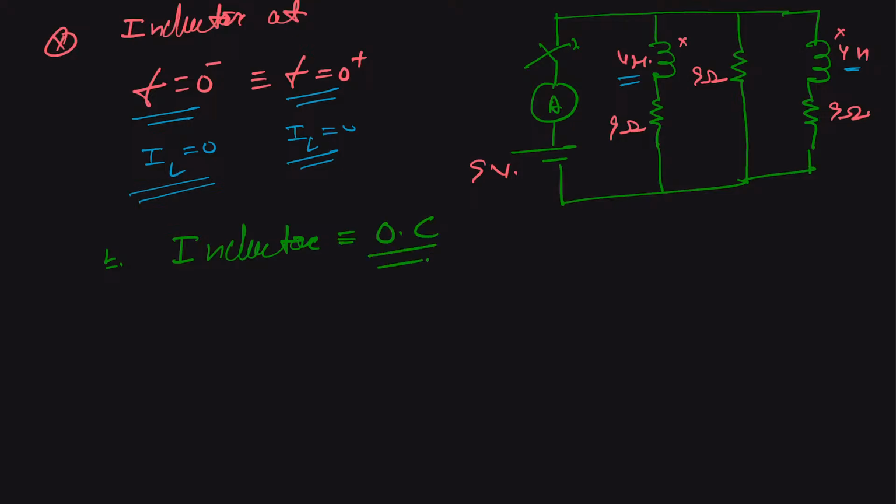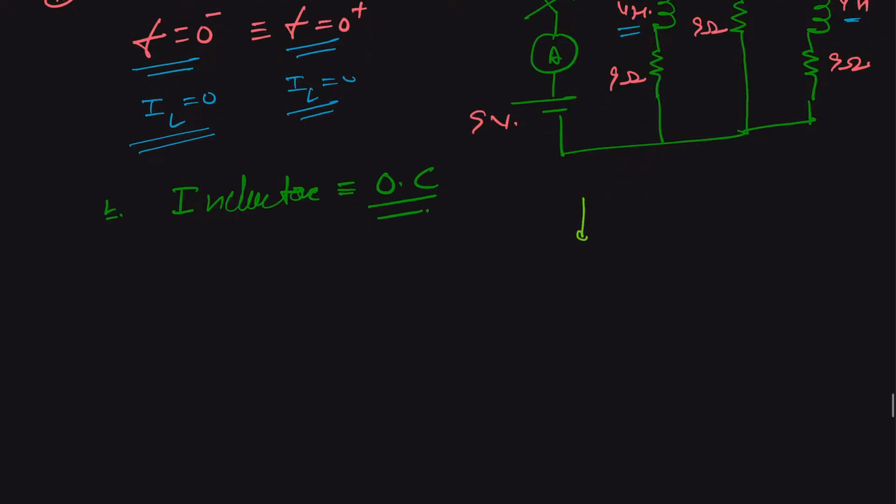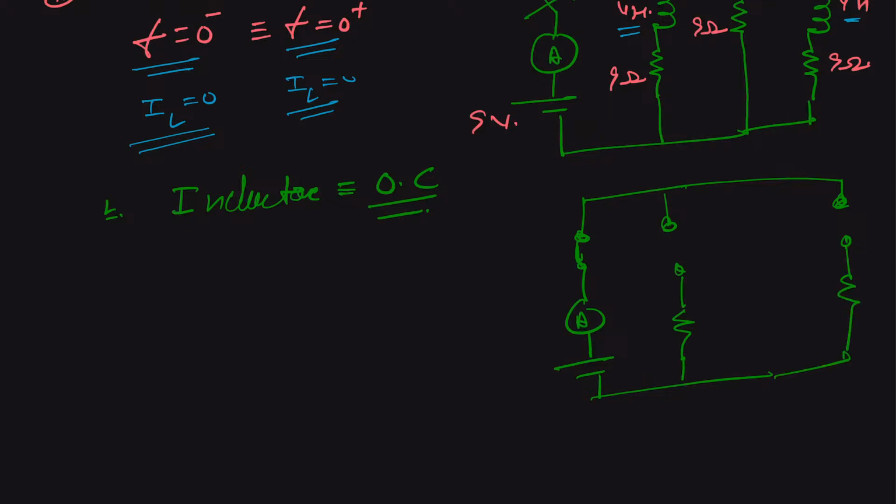So if it is acting as an open circuit, so this is our ammeter, supply, this is open circuit, and this is also open circuit, and only this is our part of the circuit. So this is given as 9 ohm. So current will be flowing through it and through the resistance. This is open and this is also open circuit.